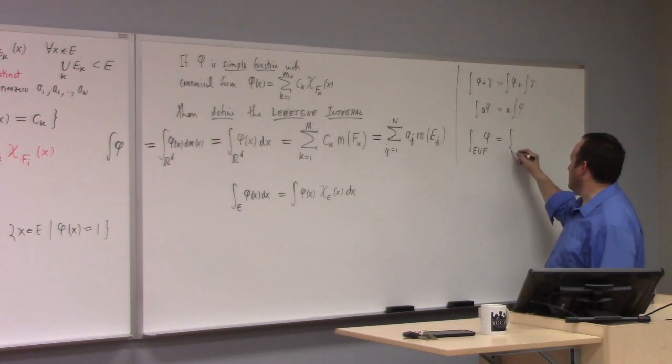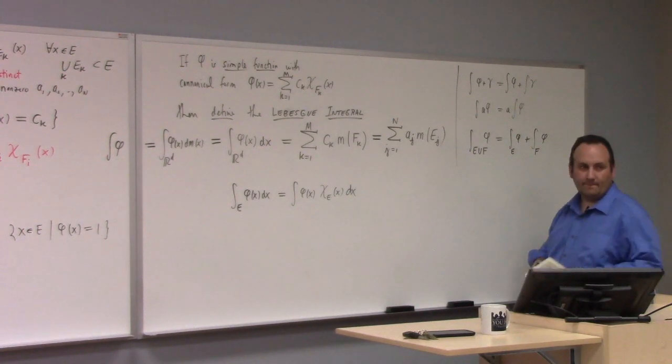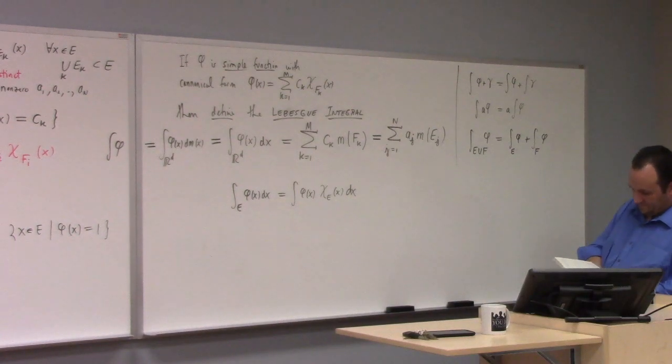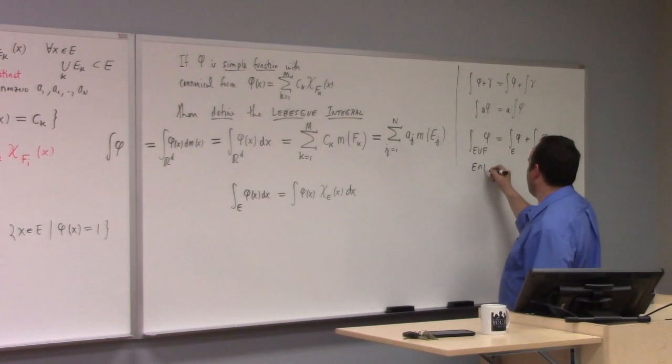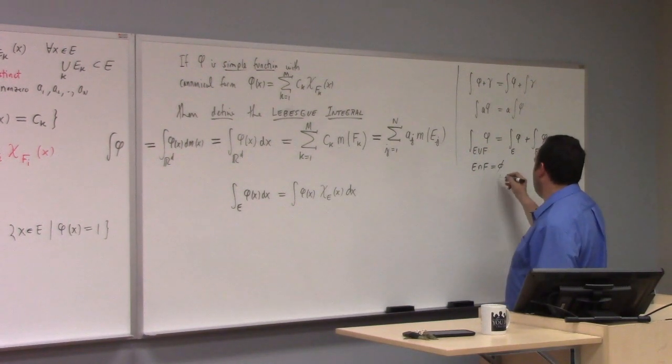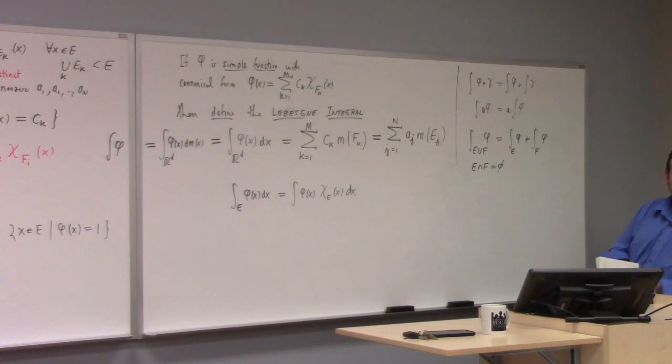So this is the sum of this and that. For what? That assumes something about E and F. Yeah, disjoint. So if E and F are disjoint, then the integral of the union is the sum of the integrals.